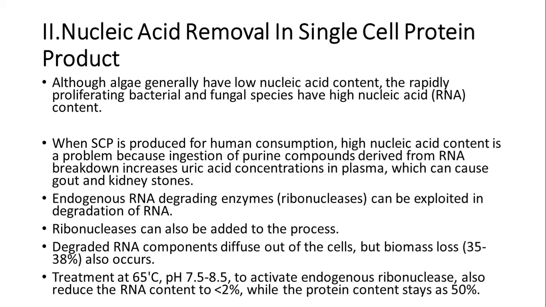In this process, ribonuclease enzyme is used and degraded RNA components diffuse out of the cell, leaving the biomass. Treatment at 65 centigrade, pH 7.5 to 8.5 activates endogenous ribonuclease and also reduces RNA to less than 2%, with protein content at 50%.